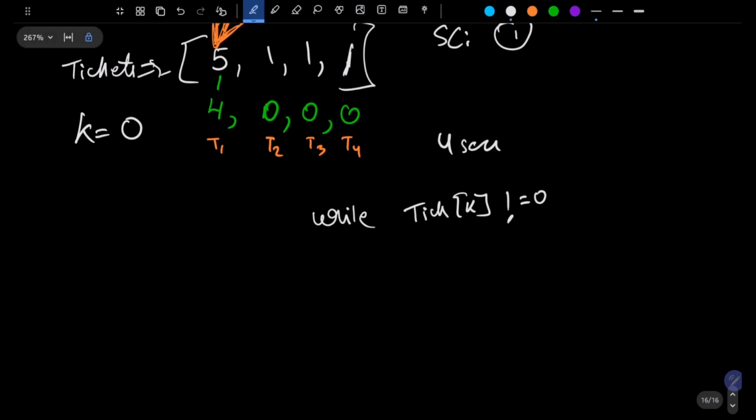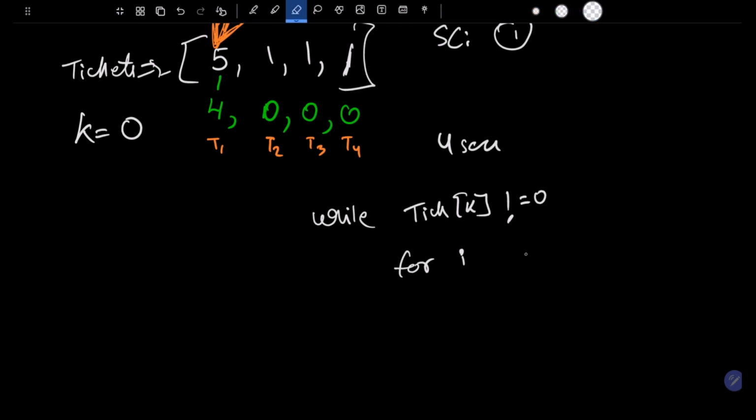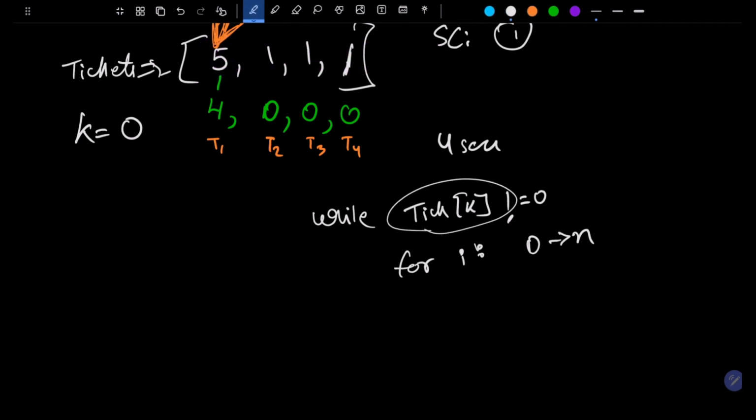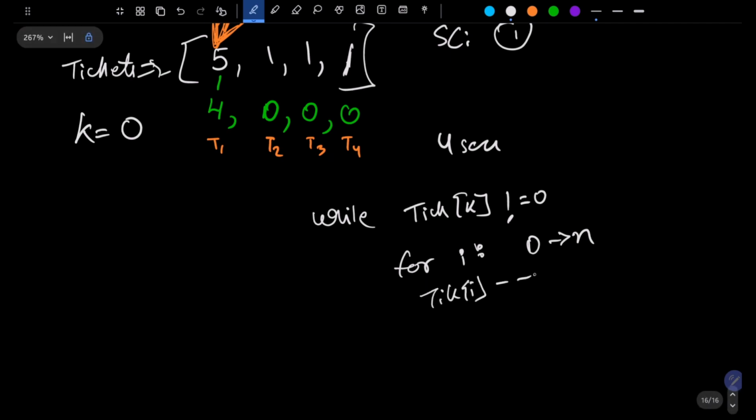I'll just keep on iterating over this again and again. And each time I'll iterate i from 0 to n, because I just need to reduce its count one by one. So I'll just reduce its count, ticket of i minus minus, and time plus plus, if my ticket i is greater than 0.